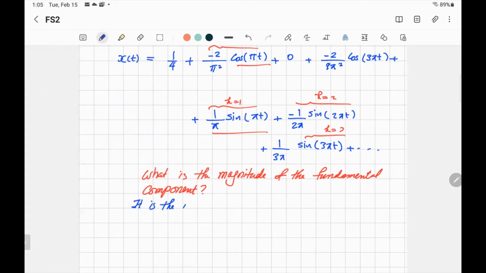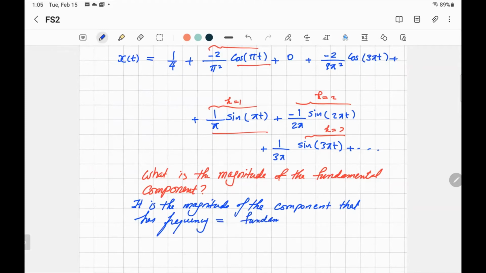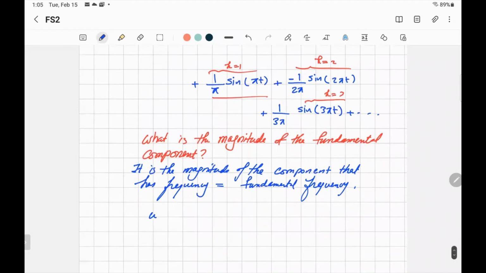So the amplitude of the fundamental component is the magnitude of the component that has frequency equal to the fundamental frequency. In this case, omega naught is equal to pi.